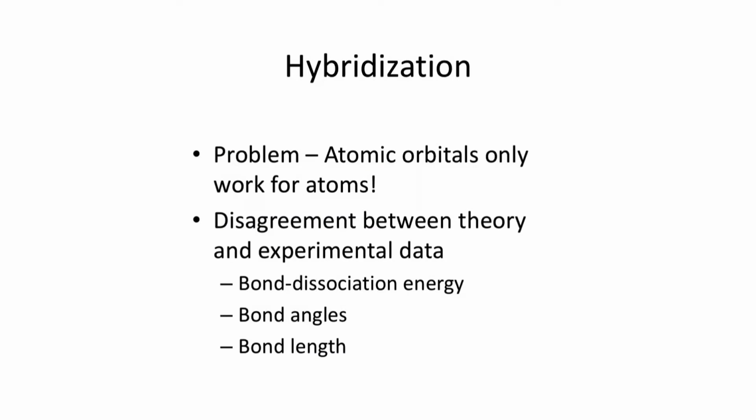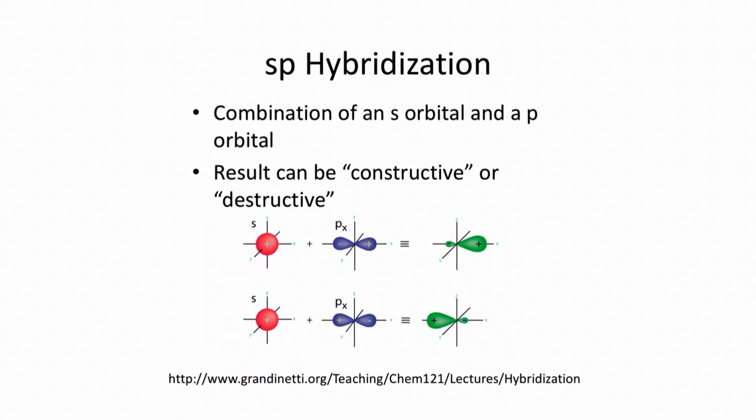So here's the idea. Atomic orbitals only work for atoms. There's some pretty bad agreement between the theory and the experiment, at least in terms of bond energies and bond angles and bond lengths. So let's invoke different kinds of hybrid orbitals.